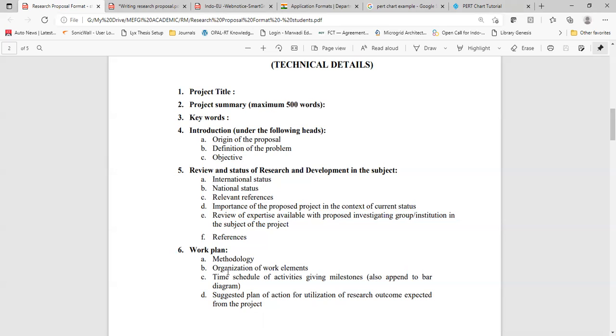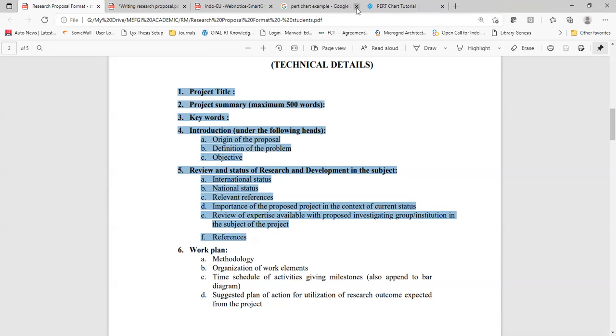For example, you want to mention the time schedule of activities. Okay, let's not go for this one. We will do this in the next semester. Only confine your discussion up to 1 to 5. Understood? So limit your tasks up to 5 number.